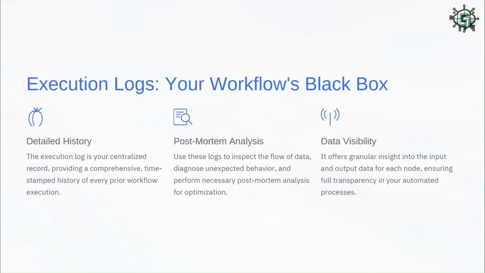Suppose a user clicked the trigger and it stopped at a node because of some authentication error, that will be recorded. As I said in the start, we take feedback, and based on the data we iterate and update the automation workflow. So these logs are very useful.